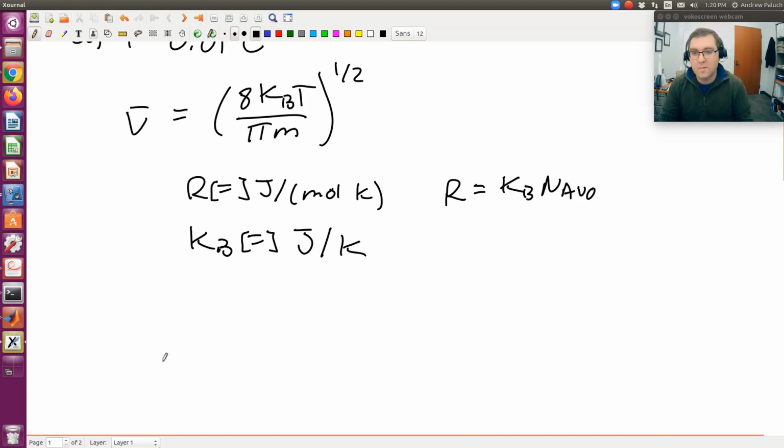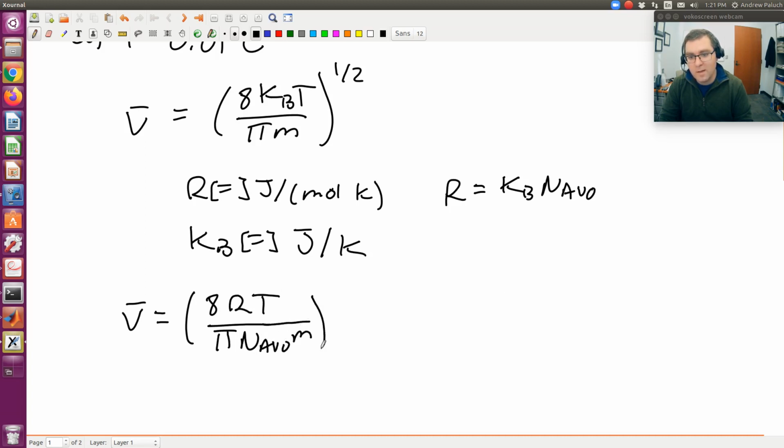So the first thing I'm going to do is plug that in just to simplify it, because I remember R, I don't remember k_B. So k_B I'm going to replace with R over N_Avogadro. This becomes (8 R T over pi times N_Avogadro times m) to the 1/2.